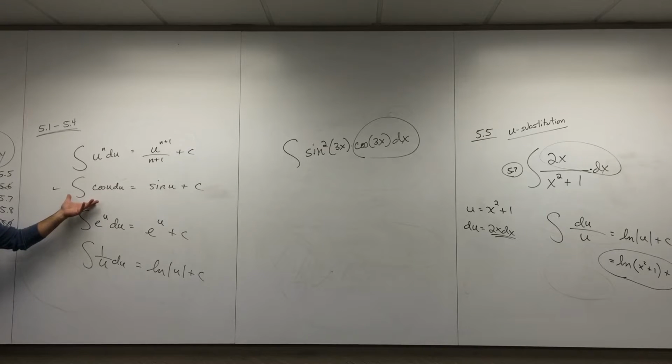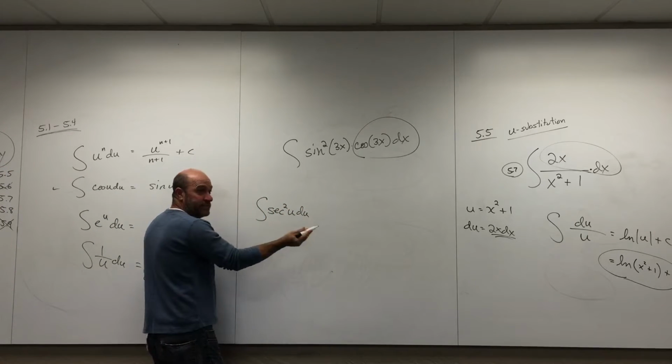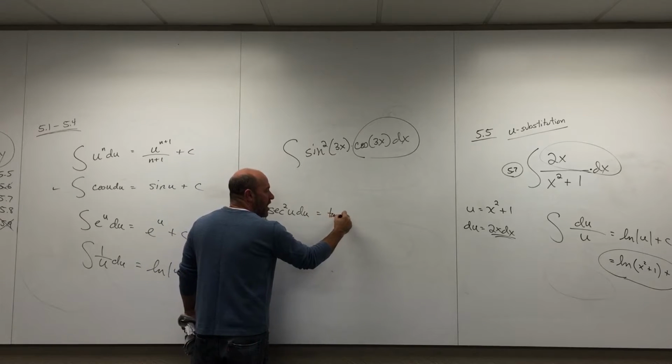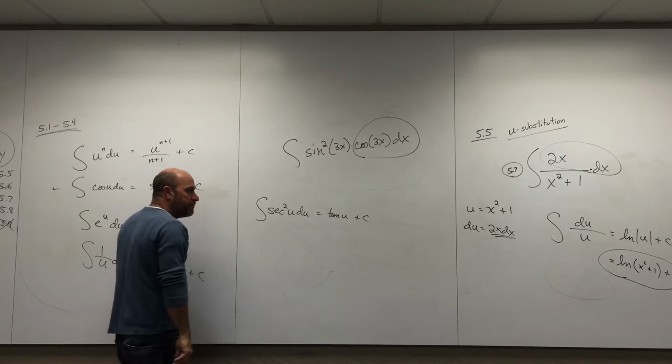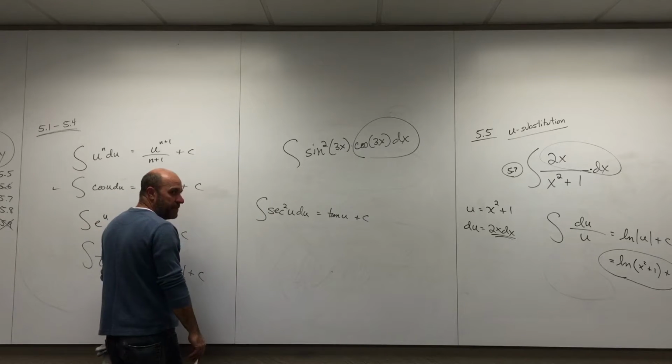There aren't too many things you can integrate, too many rules we know. Here's a weird one, secant squared of u, that's something we should know. That's tangent. So there are a few oddball trig things we're supposed to know.